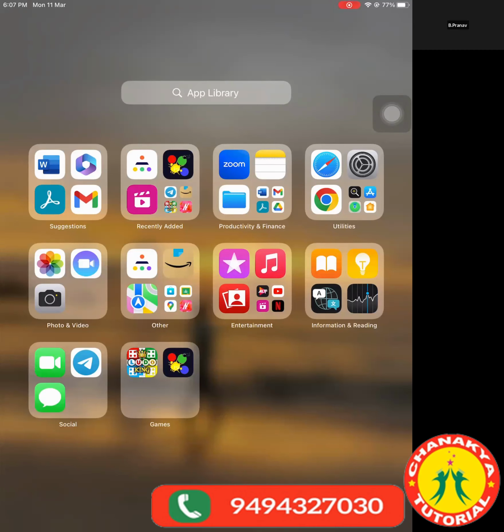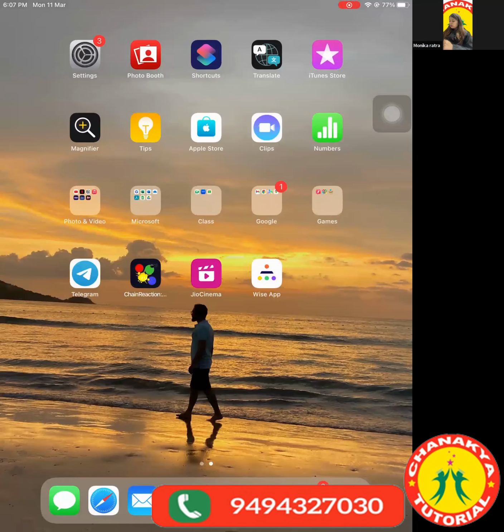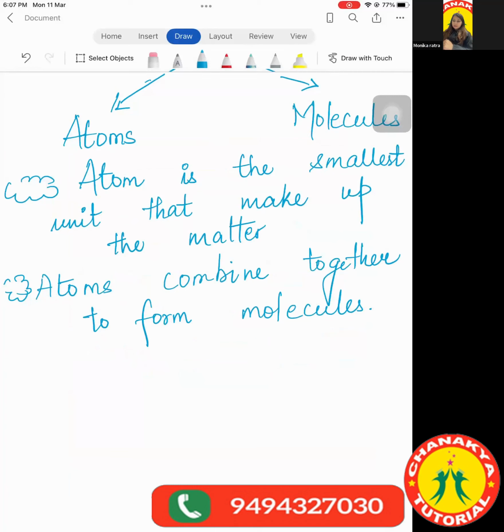Everyone fine, children? So the next thing I was about to tell you is that the particles that make up the matter are very, very small in size.